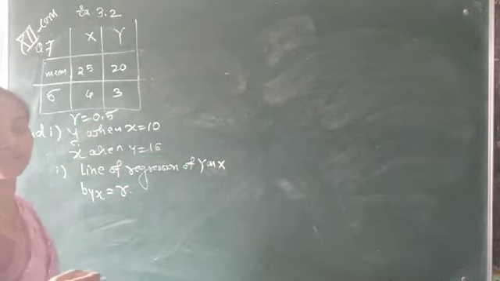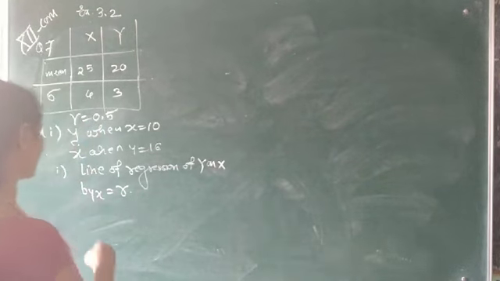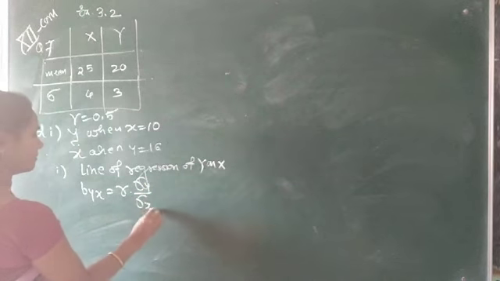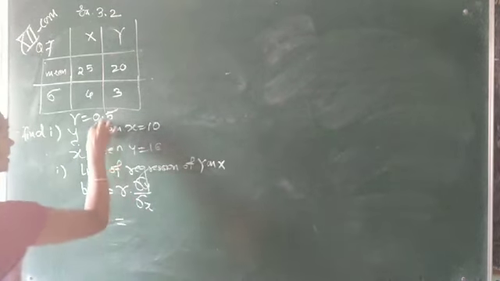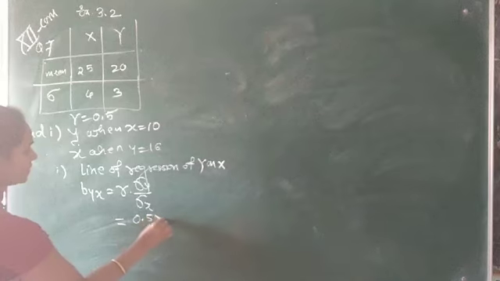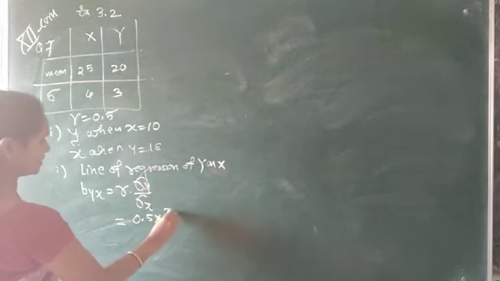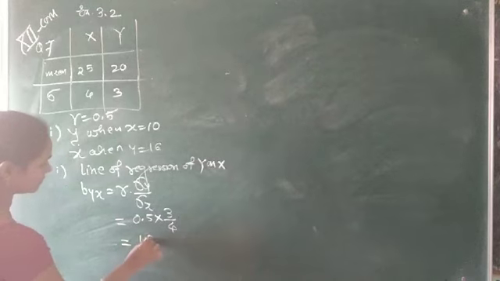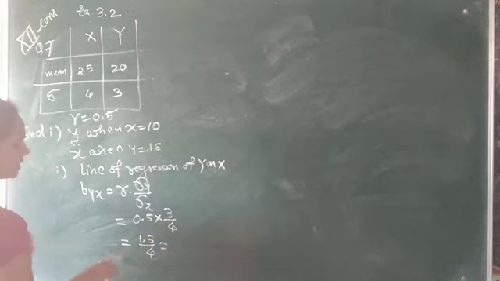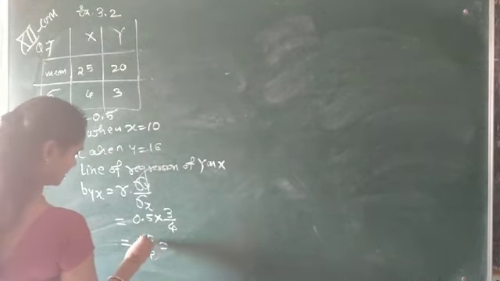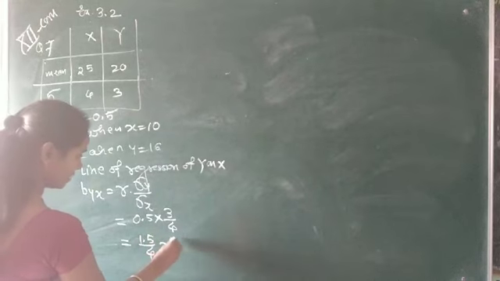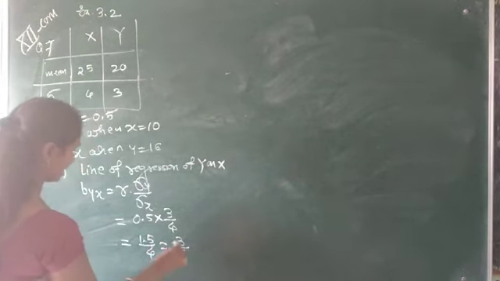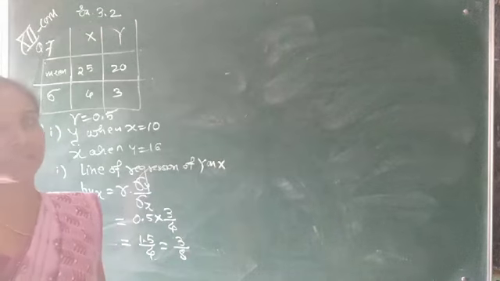So r into byx, that is sigma y upon sigma x. The value of r given is 0.5 into sigma y 3 divided by 4. So that is 1.5 upon 4. If we multiply this by 2 and divide by 2, it becomes 3 upon 8. Hence we get the value of byx is 3 by 8.